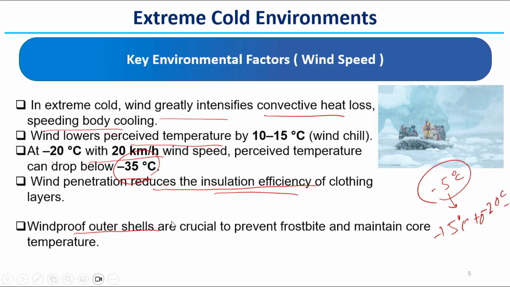We should use the windproof outer shell to prevent frostbite and maintain the core temperature. That is very important here. So, when there is a chance of wind, in most extreme cold climate clothing, we use a windproof outer shell.